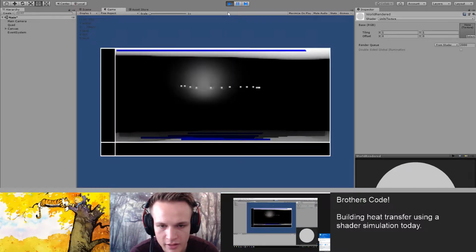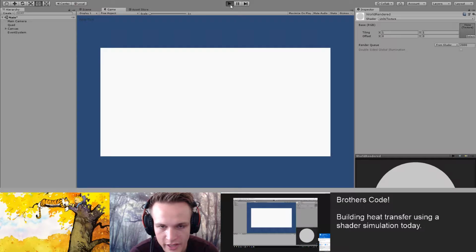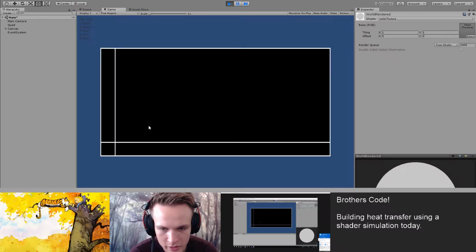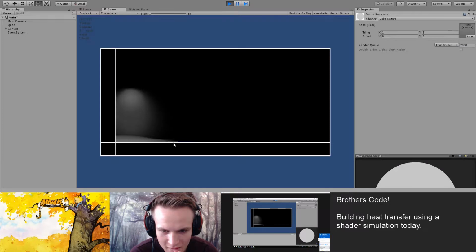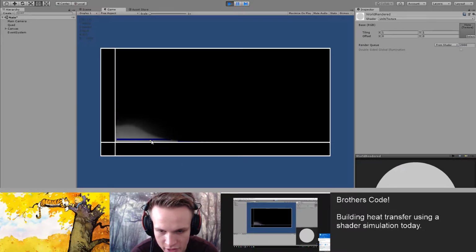Restart, and then put some heat down in the very middle, like at the bottom. And then make a pile off to one side, and I bet it's gonna flow toward it. I think it's flowing the wrong direction.